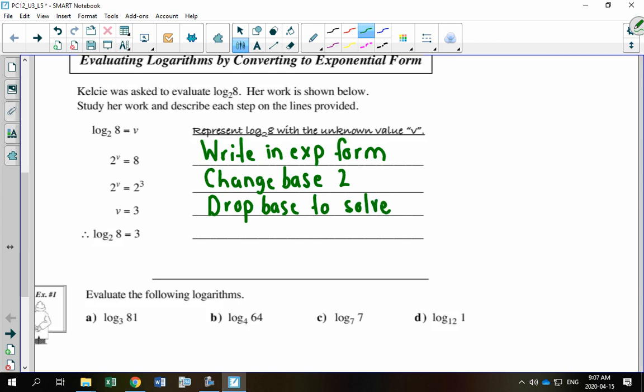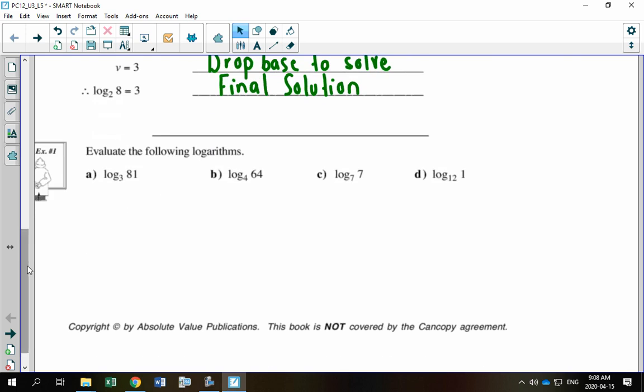The last thing is she wrote a conclusion statement: therefore log base 2 of 8 is equal to what the exponent was, which is 3. So this is her final solution. Those are the steps we're going to be doing: make our log equal to a variable, put it in exponential form, change the base, and then solve from there. So let's go through number 1.